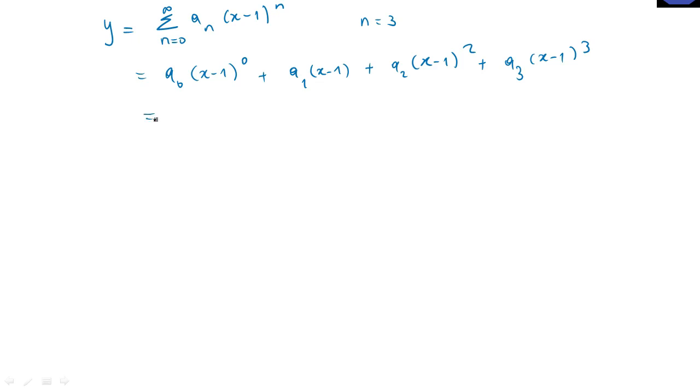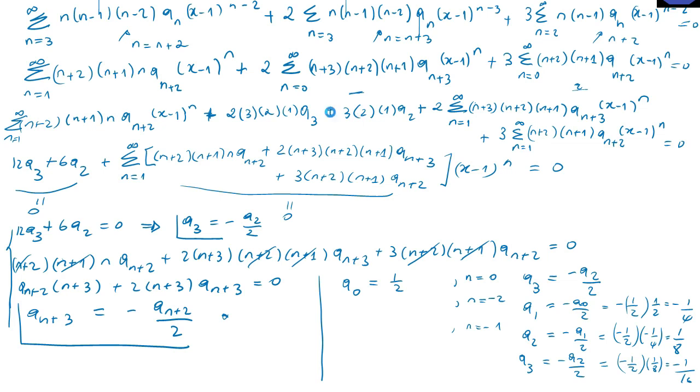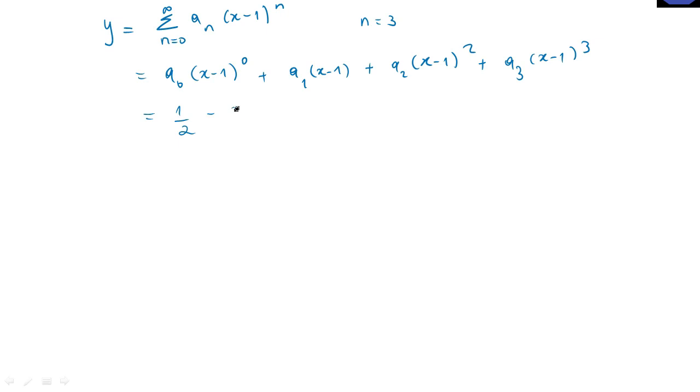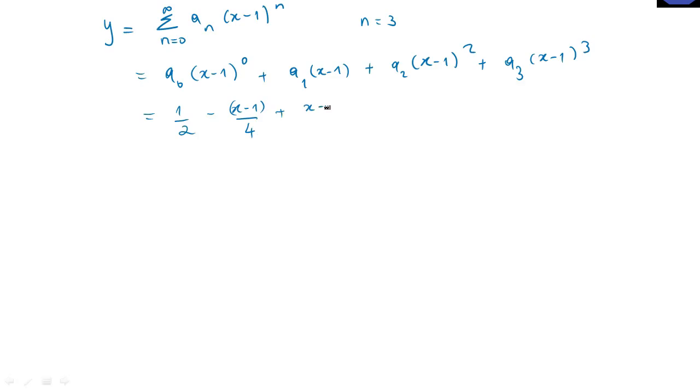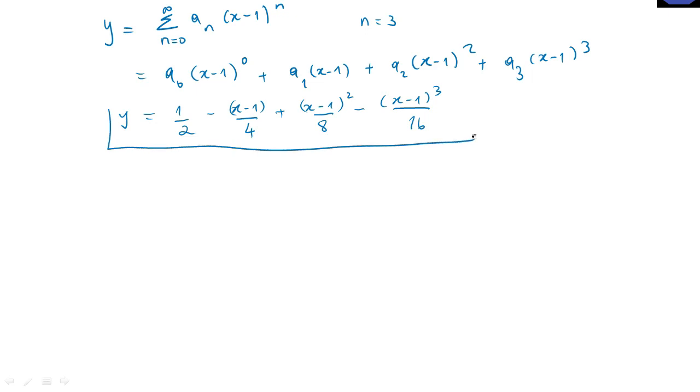We have these coefficients: a0 is half, a1 is negative 1/4, so that gives me minus (x minus 1) over 4, plus a2 is 1 over 8, so (x minus 1) squared over 8, minus a3 is negative 1 over 16, so minus (x minus 1) cubed over 16. So we are done showing the example.